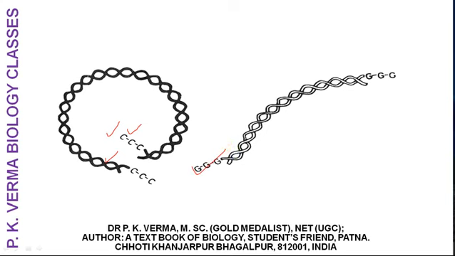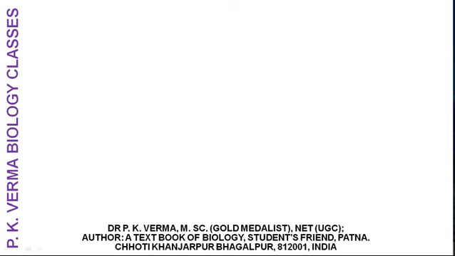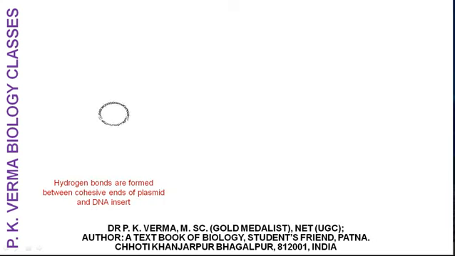In the alien DNA, at both terminals, GGG is added. In both strands, at the 3' or at the 5' end, GGG is added. So this GGG is complementary to CCC, and therefore the two molecules will become paired to each other in this way.